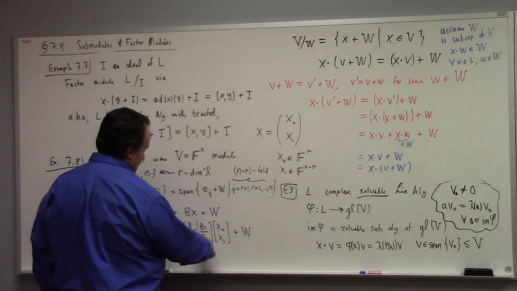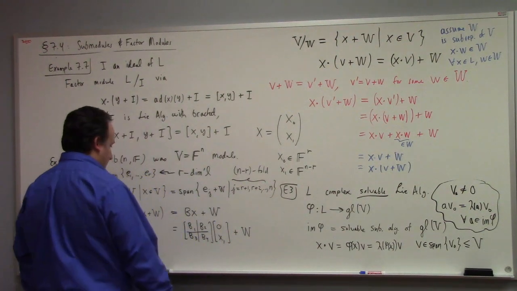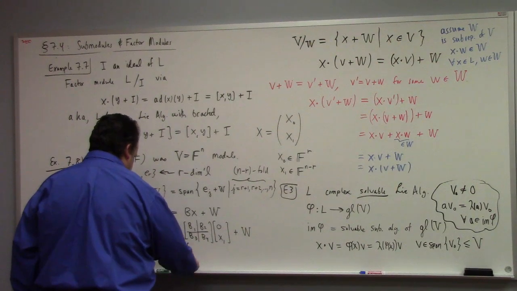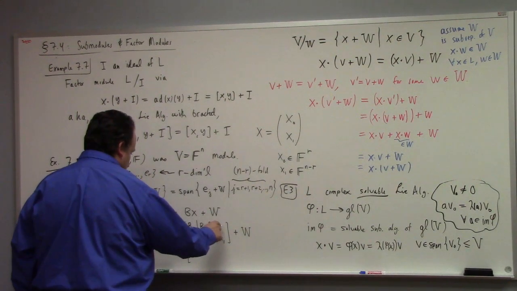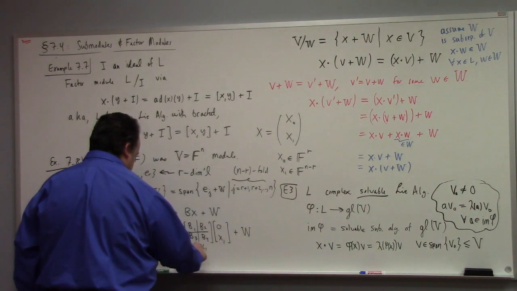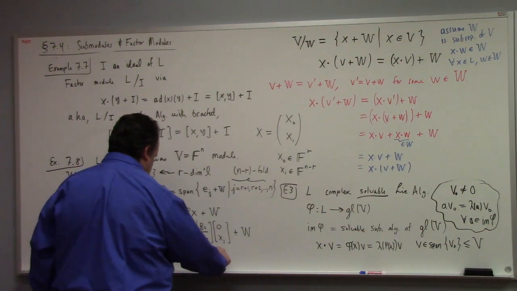So I can just put x0 equal to 0, essentially. And so what I've got is B2x1 and B4x1 plus W.